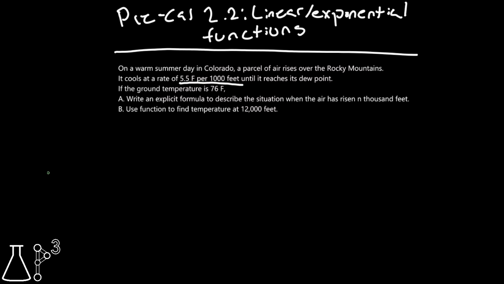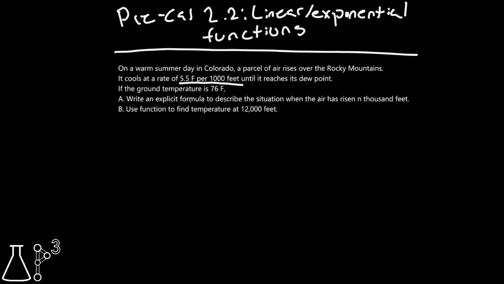Because if you have some graph with feet on the x-axis and Fahrenheit on your y-axis, the rate of change here, aka your slope, is going to be Fahrenheit per feet. So this is already starting to sound like slope to me.